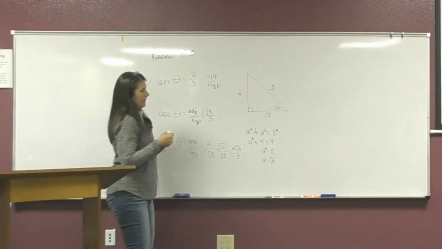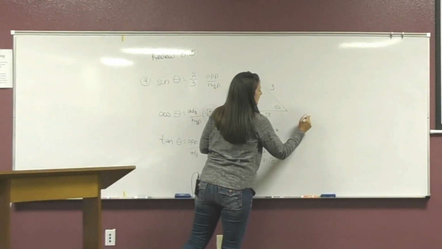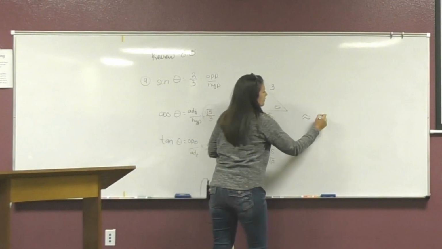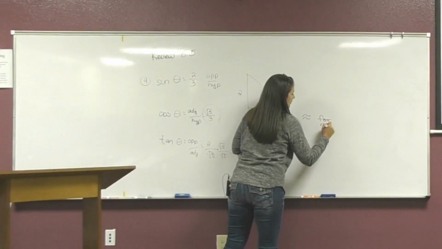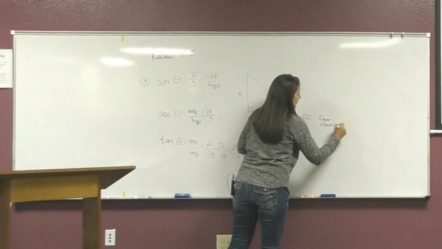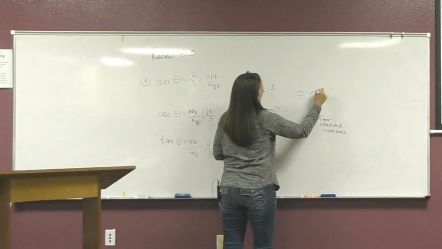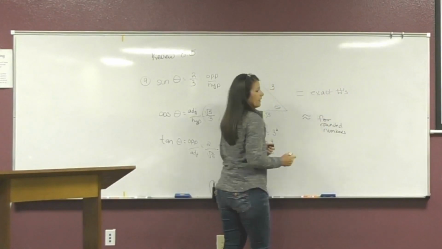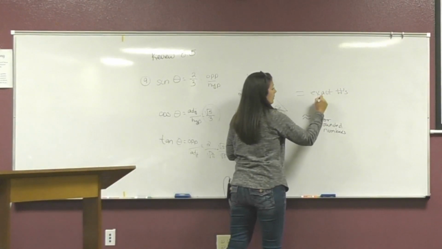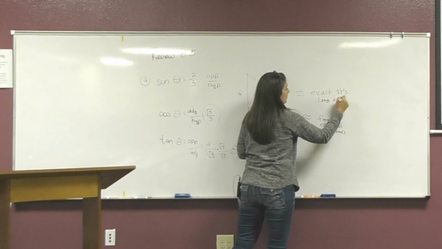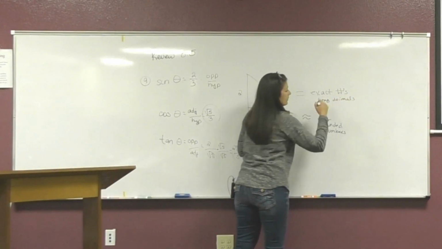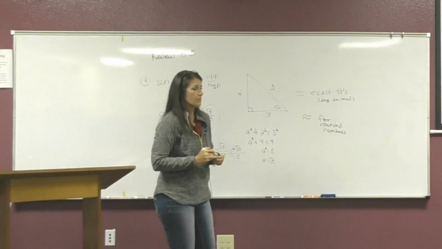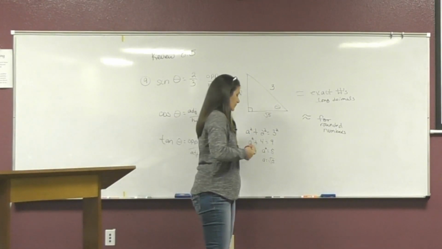That means approximately. Okay. This is for rounded numbers. This is for exact numbers. Okay. These are the long string of numbers behind your decimal. Okay.